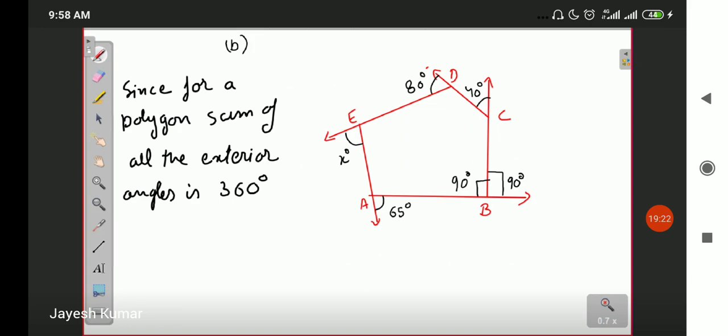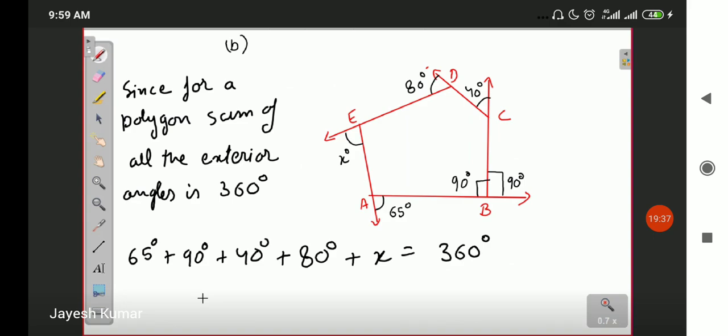So we will start with point A, 65 degrees, plus at point B we have 90 degrees, plus at point C we have 40 degrees, at point D we have 80 degrees, and at point E we have X, and all of these should add up to make 360 degrees.